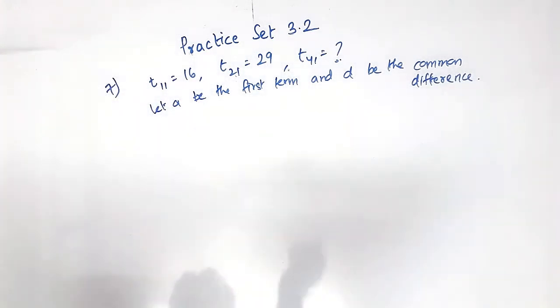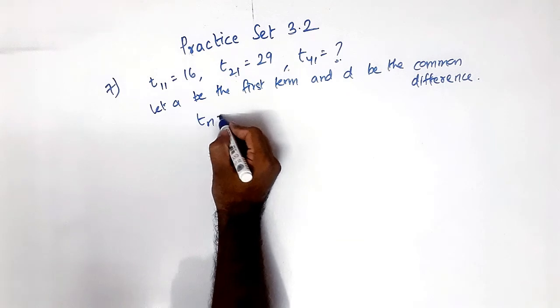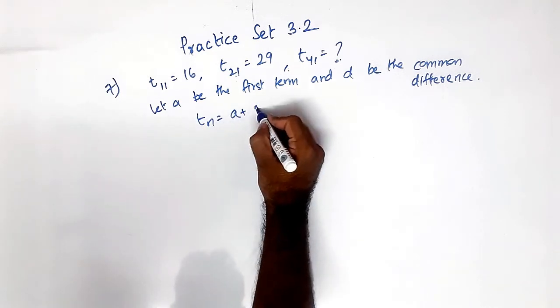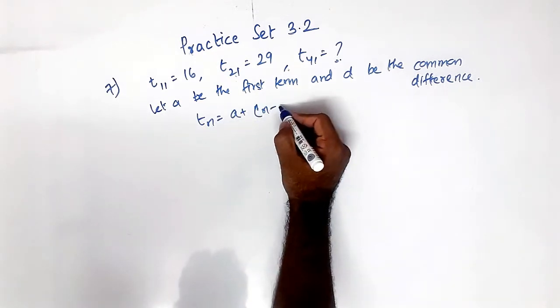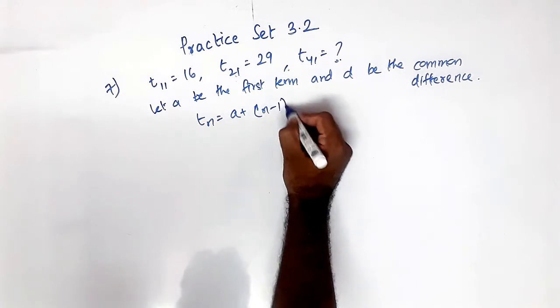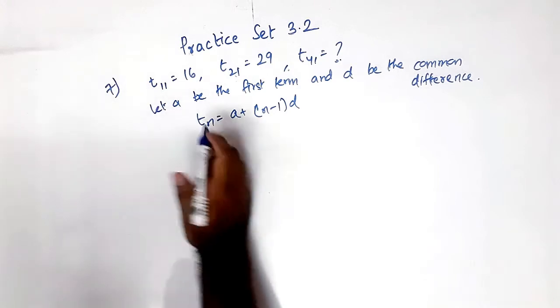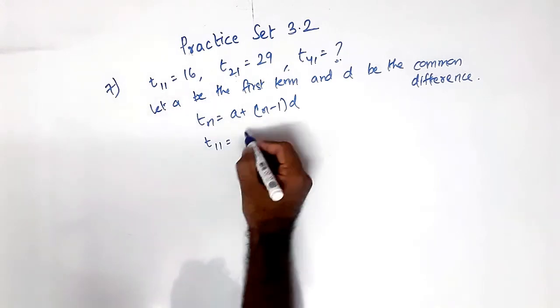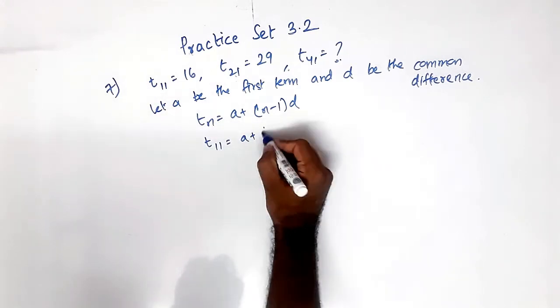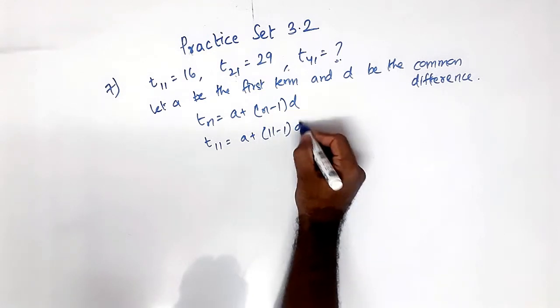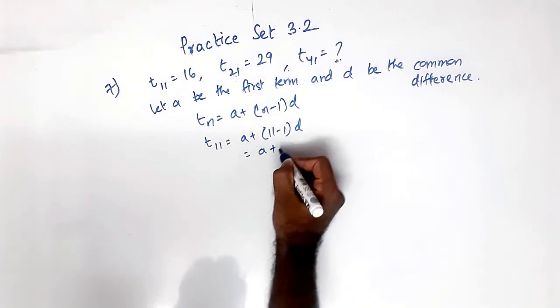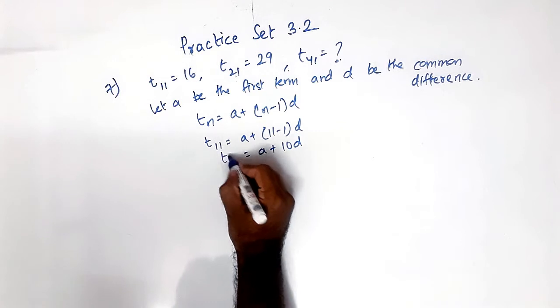Why are we writing this? Because we know that the formula is Tn is equal to a plus n minus 1 into d. So for T11 it will be a plus 11 minus 1 into d. So that comes to a plus 10d.